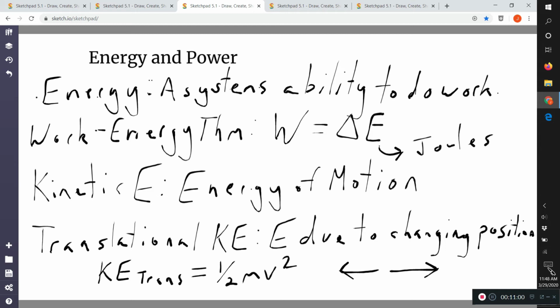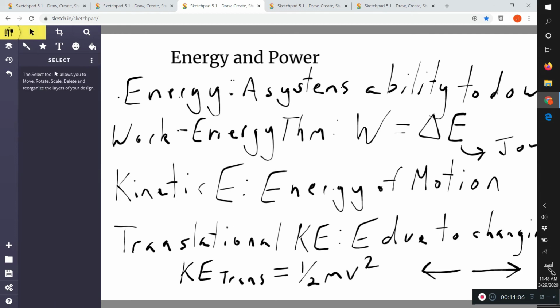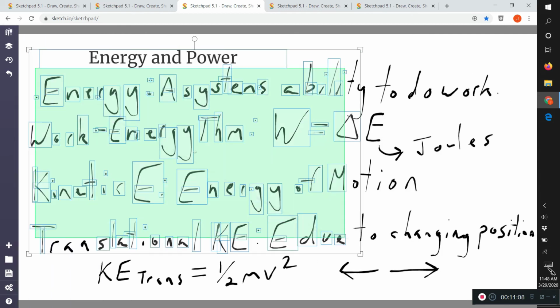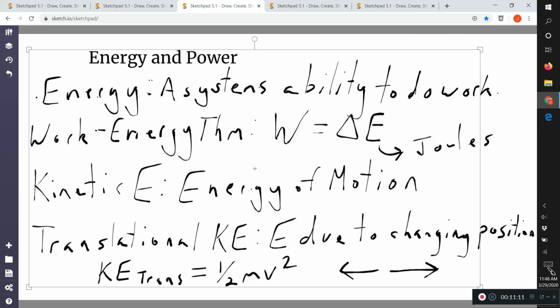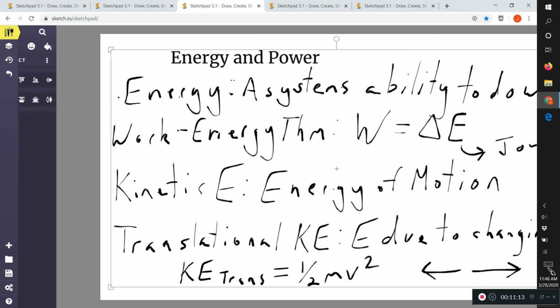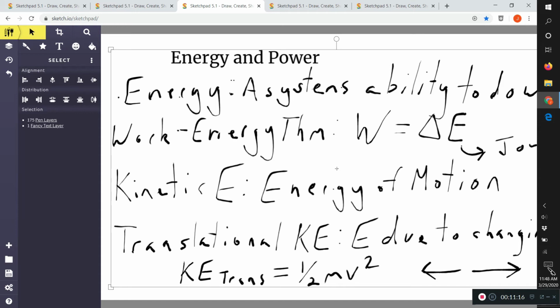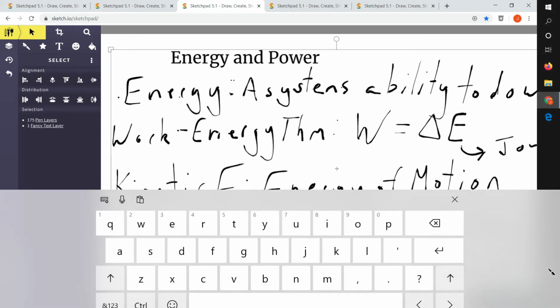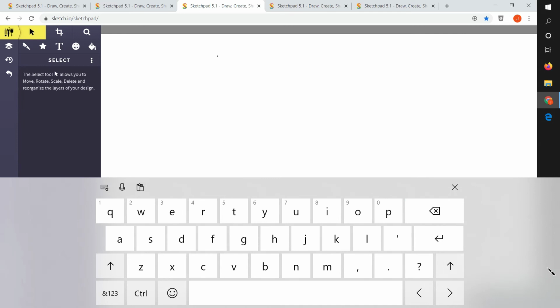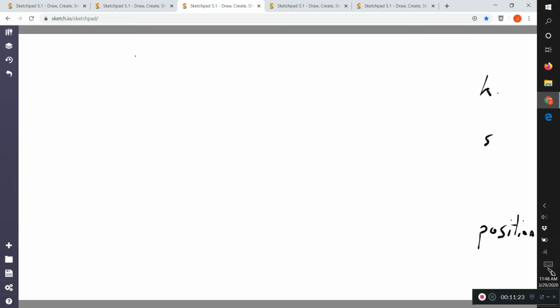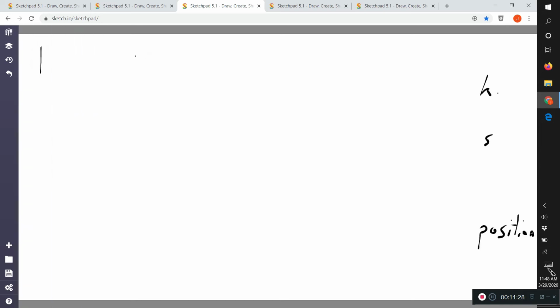Right. So before we move on to the examples, we're going to talk about power. Power is defined as the rate of change in energy.